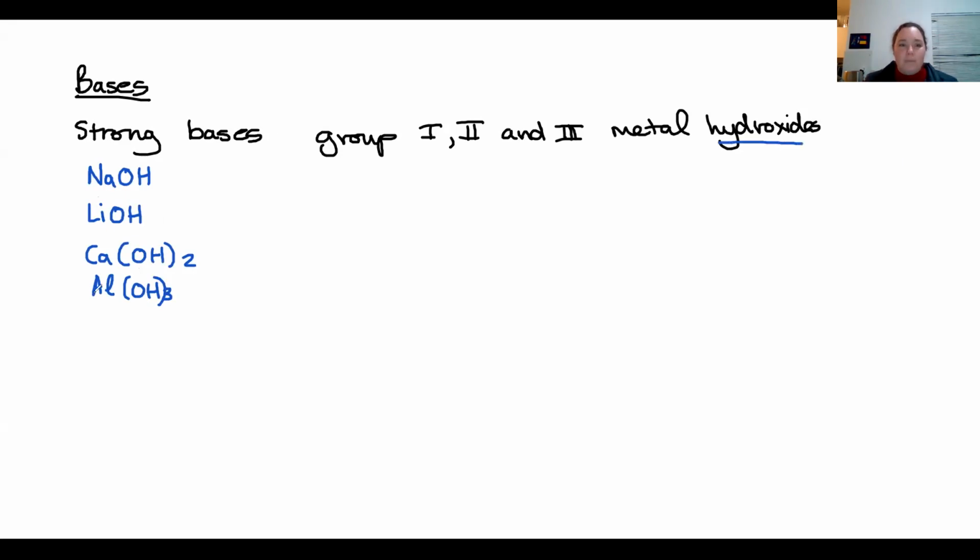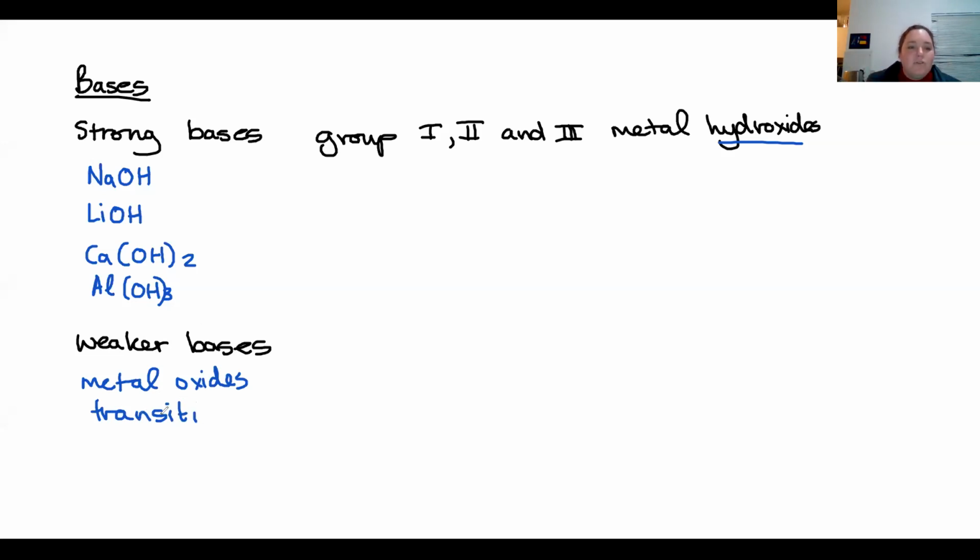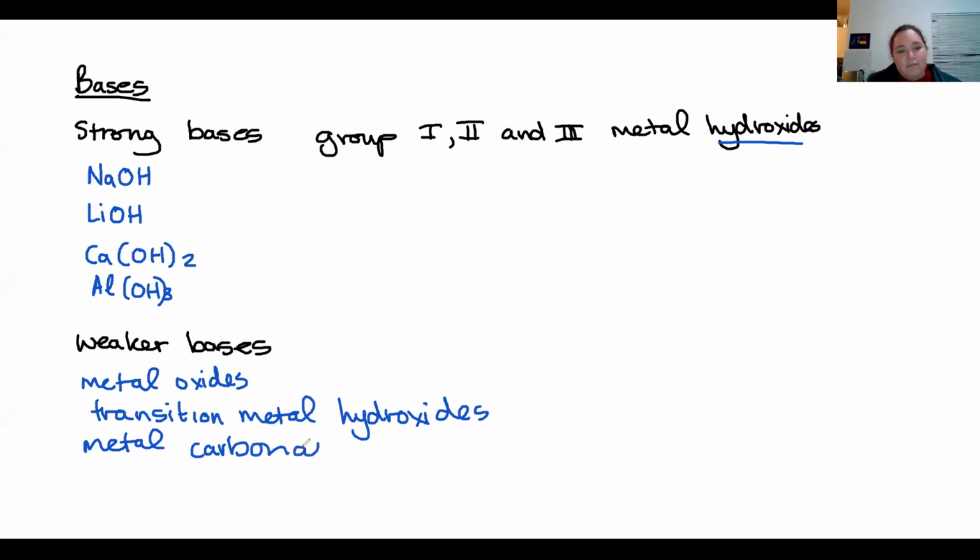If we look at our weaker bases, these include the metal oxides, all transition metal, so that's from the main body of your periodic table, the transition metal hydroxides, all metal carbonates, I should probably say most metal carbonates, okay, metal carbonates, metal oxides, and then lastly, ammonia.